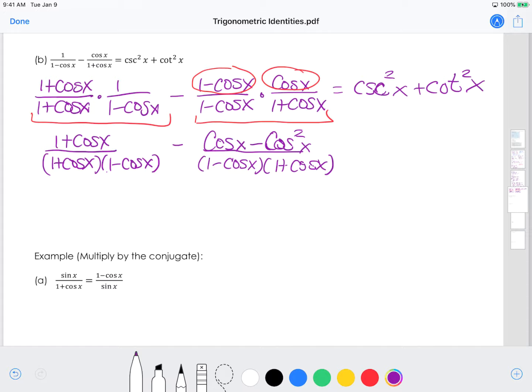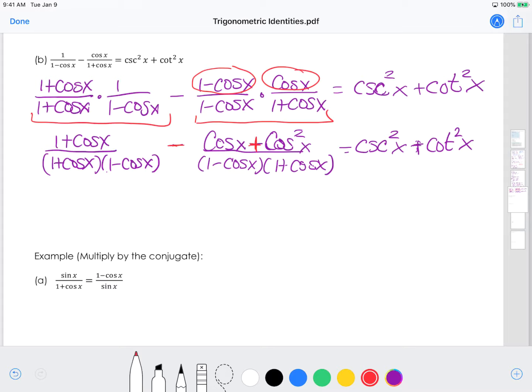So I have my common denominator now, so I can combine my fractions. And I want to show that that's all equal to cosecant squared x plus cotangent squared x. So if you notice here, I have a subtraction. So that means I have to subtract all the terms in that second fraction. So that's going to be a minus cosine and a minus minus cosine squared.